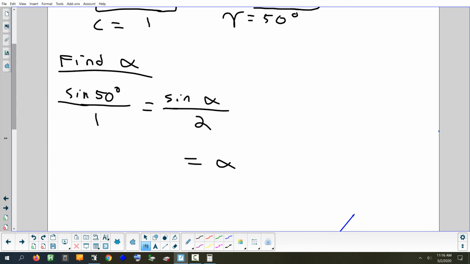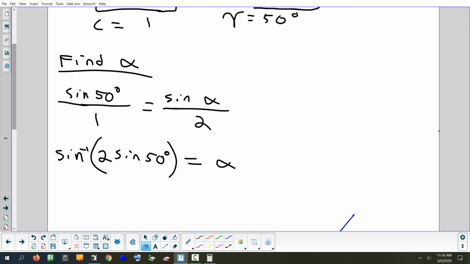And when I go to solve it and get alpha by itself, what's going to be on the left side for my formula that I got to type in? Inverse. Yep, inverse sine of what? 2 sine 50.